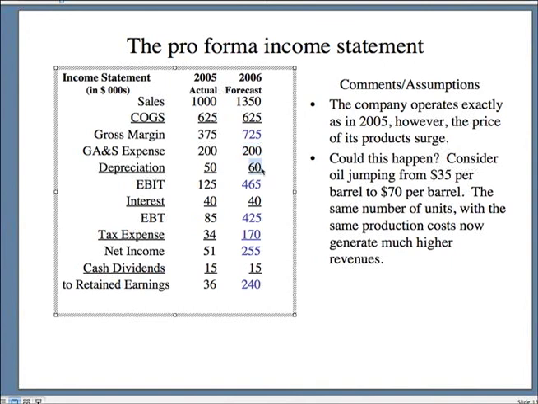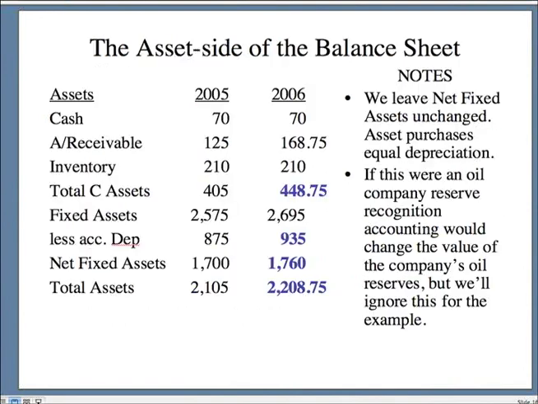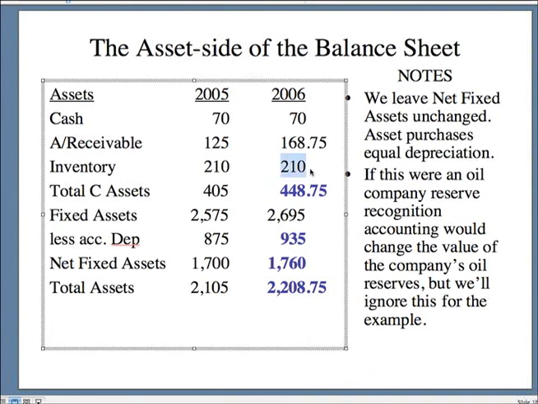We are going to buy some assets. We have some depreciation and so on. All of that is as it was in 2005. So inventory doesn't change because cost of goods sold didn't change. Total current assets have gone up a little bit. Fixed assets haven't changed. Total assets haven't gone up very much.